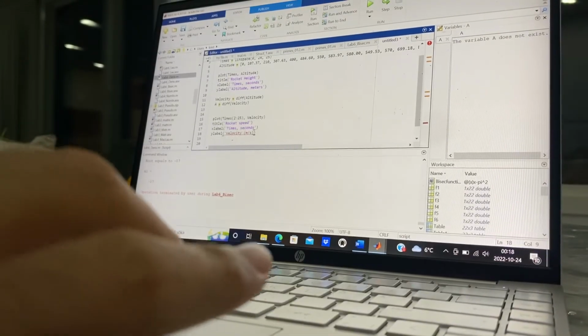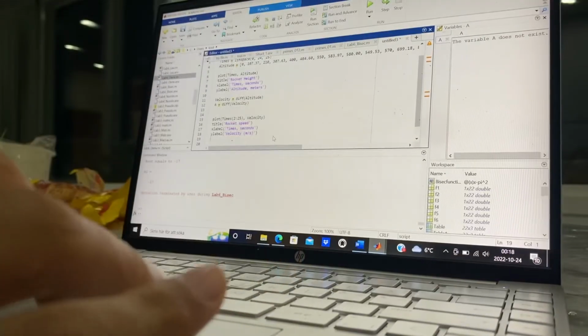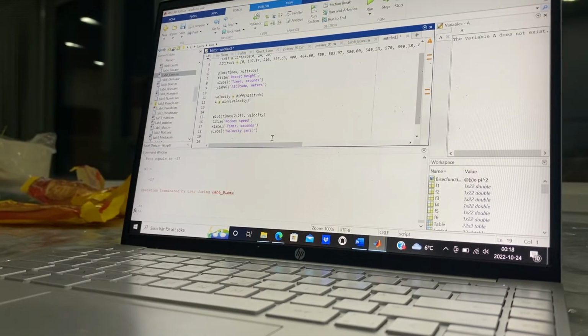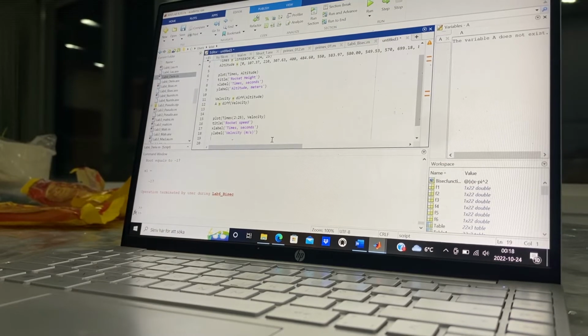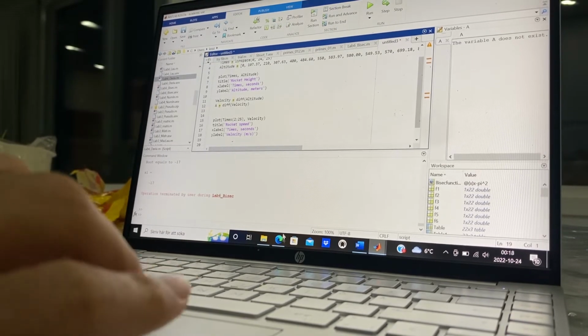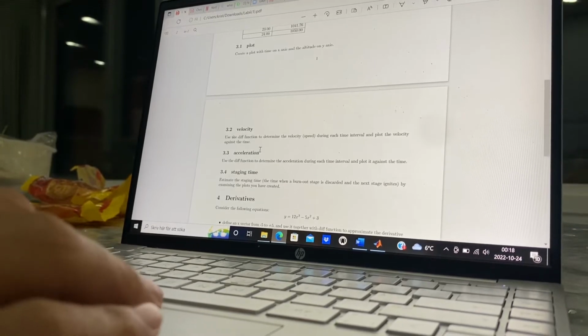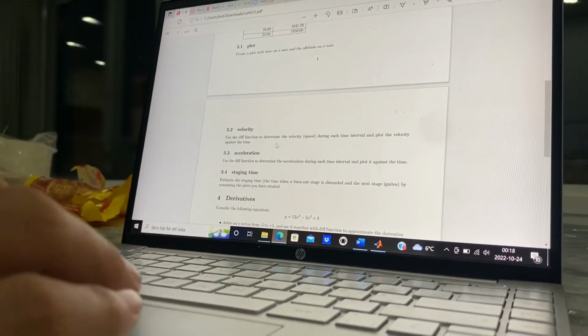Sorry, I forgot to do the apostrophes. So now I plotted the velocity as well against the time.